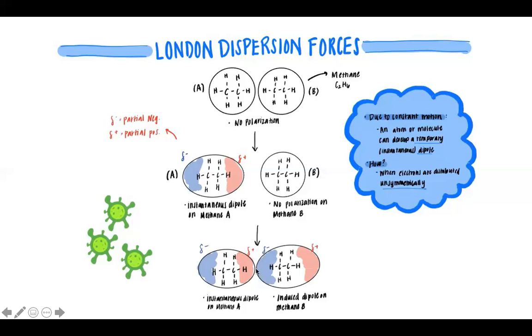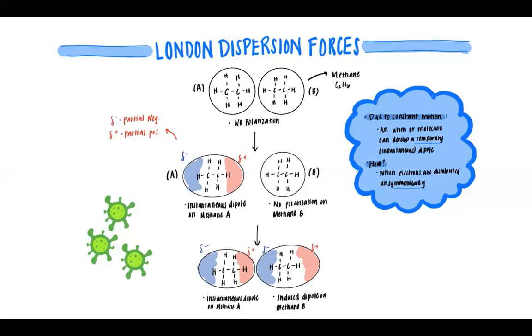Methane A's partially positive charge is going to draw methane B's electrons, and this will cause partial charges in methane B, forming an induced dipole. Now these two are interacting due to the partial charges.